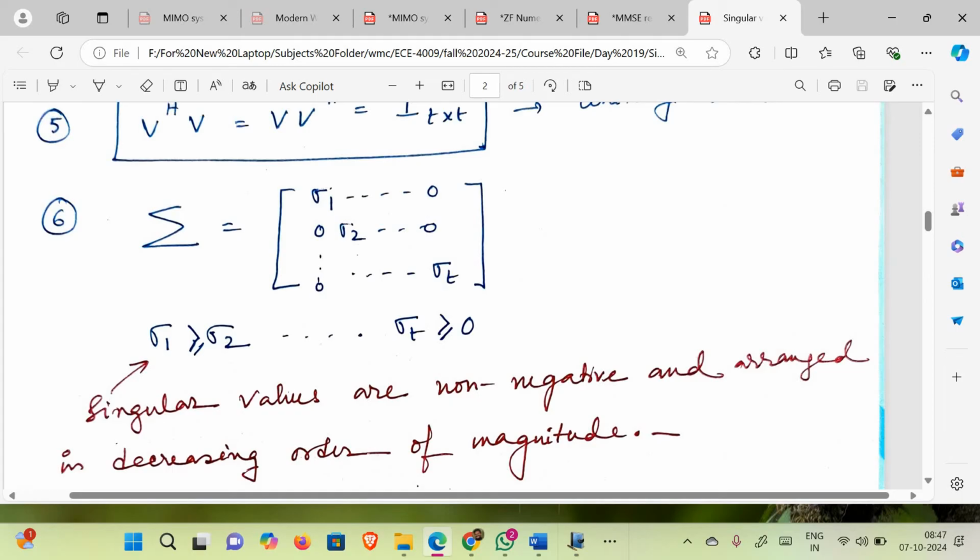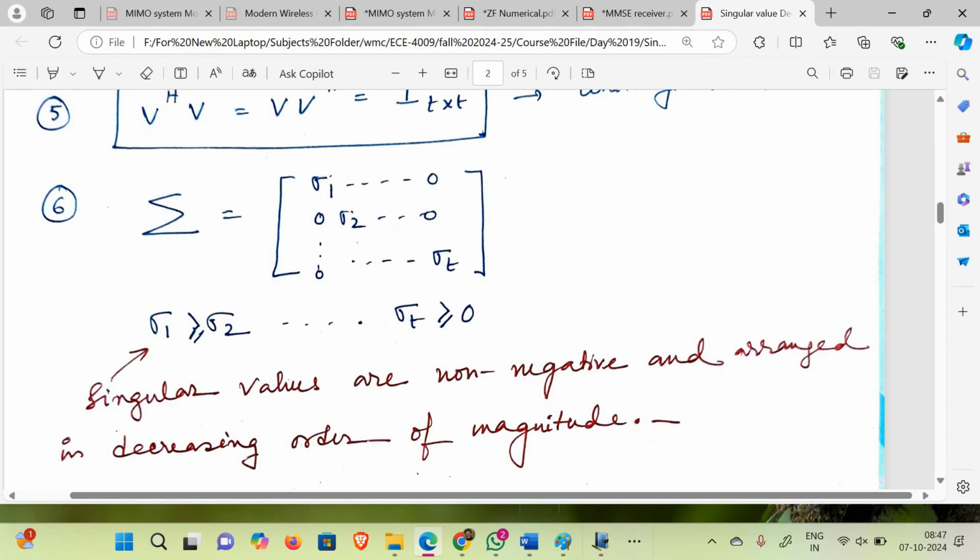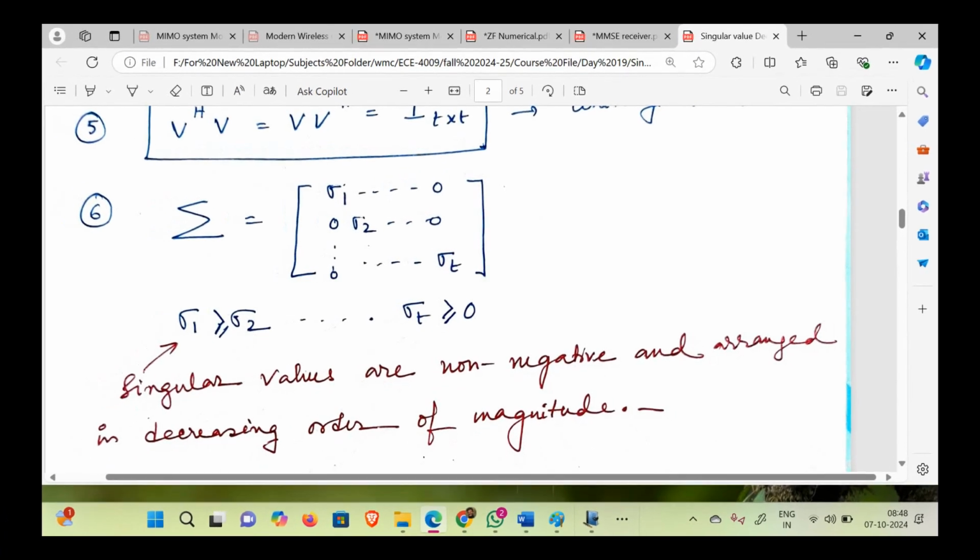Please make a note of this. Sigma 1 is greater than sigma 2.